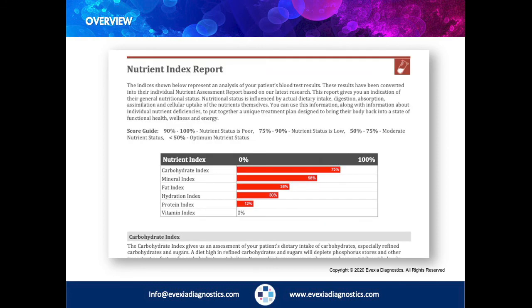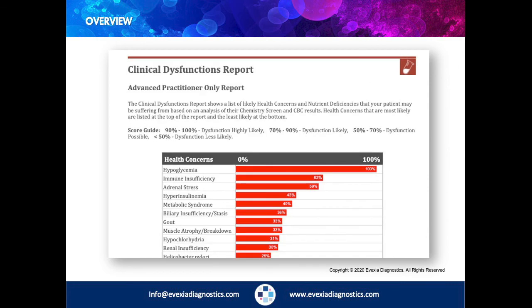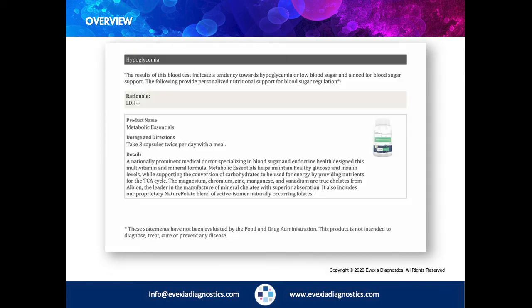Next is the nutrient index report, which reports on 6 areas of nutrient status and provides information and attention that needs to be given to a specific area. The program also ranks the areas of suspected dysfunction, which gives you the areas of dysfunction that need the most attention. And as I mentioned earlier, the report comes with nutraceutical recommendations based on the discovered conditions.